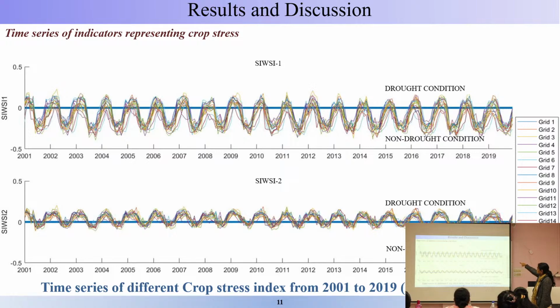Their time series of all the grid locations of Odisha were plotted together, and you can see when it was low for most of the locations. So something like a drought condition, non-drought condition kind of comparison. Each index can tell you that it is stressed, not so stressed, like that.